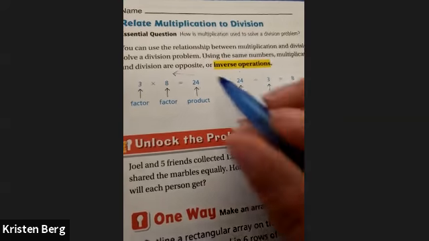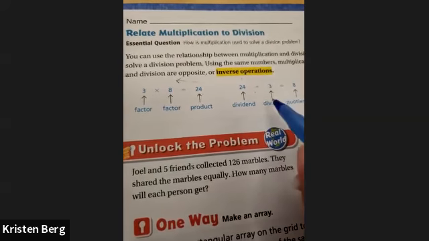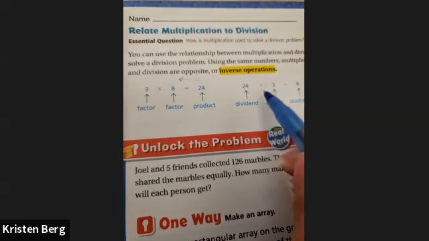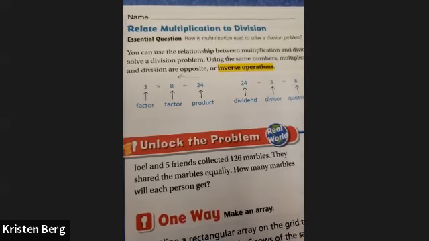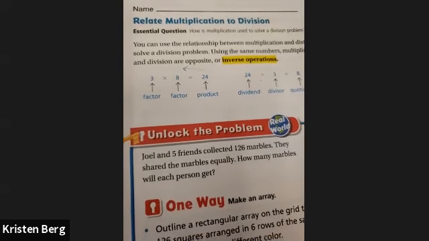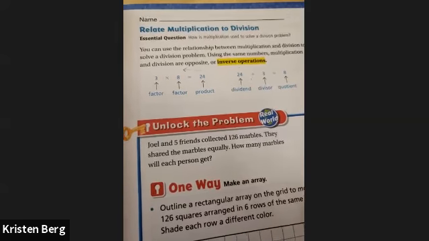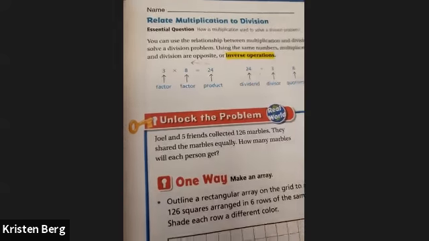The opposite of multiplication is division. So 24 divided by 3 equals 8, or you could have said 24 divided by 8 equals 3. So either one of those would have been fine. Just know that the opposite of multiplication is division, and the opposite of division is multiplication.